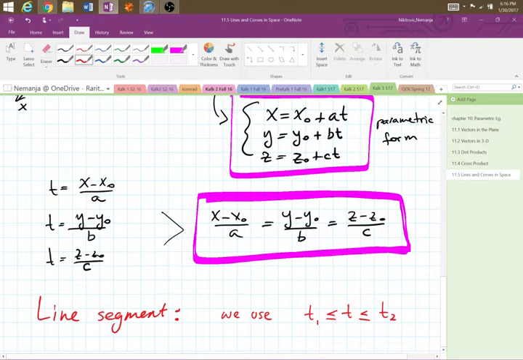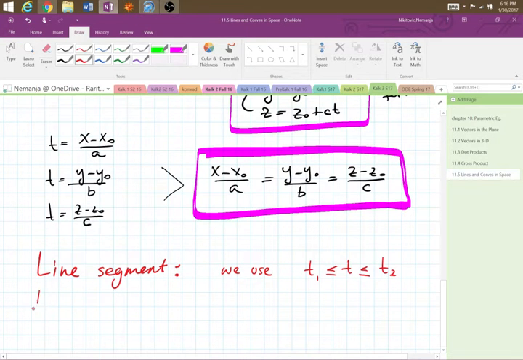You're using finite values. For an infinite line, we use negative infinity less than t less than positive infinity. So if you have restrictions on t, we know that it's a line segment, a finite line. And if you don't have restrictions on t, the line stretches forever.